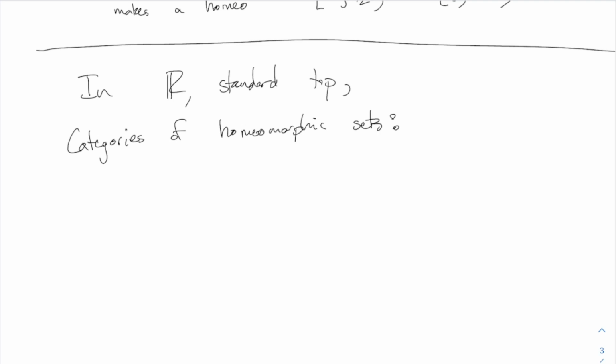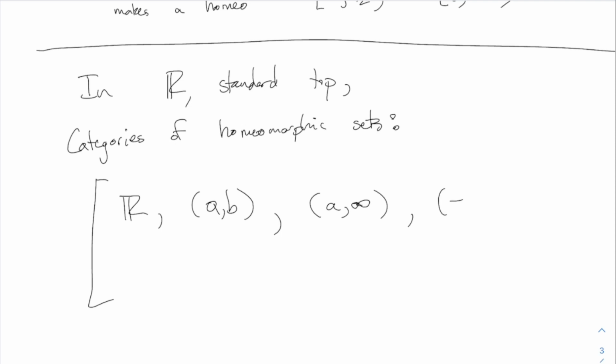One category, I'll put them in sort of like a bracket, would include R, all of R. This is equivalent to an open interval, say 0 to 1. I should just say, any open interval, A to B. And this is also equivalent to any unbounded open interval, A to infinity, and this is also equivalent to the unbounded interval the other way around, right? All of those things are homeomorphic to one another.